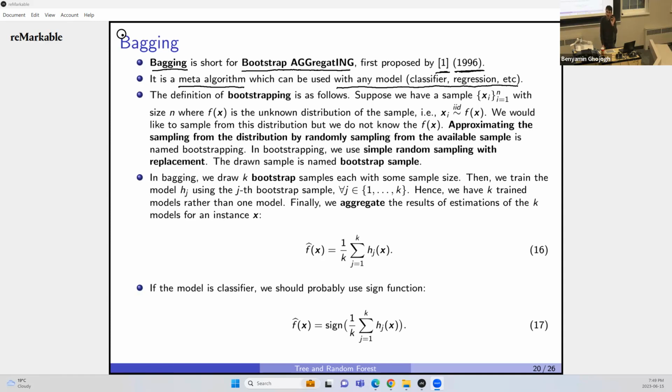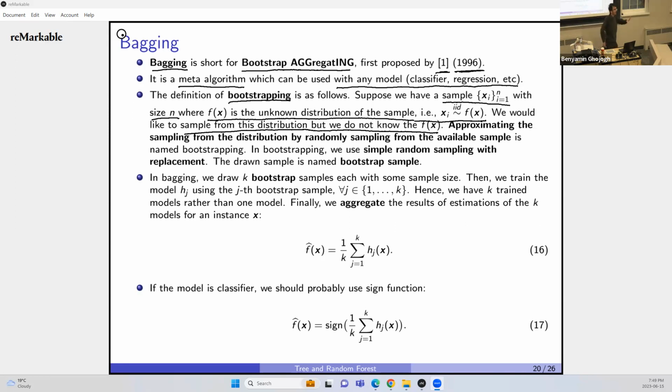Okay, what is the definition of bootstrapping? Suppose we have a sample xi, i goes from 1 to n, with size n, where f of x is an unknown distribution of sample. We would like to sample from this distribution, but we don't know f of x. Let me explain it. I have some data points with some distribution, probability density function, PDF, right?